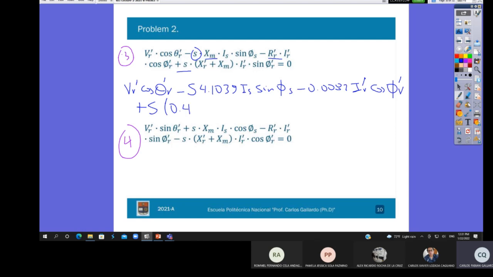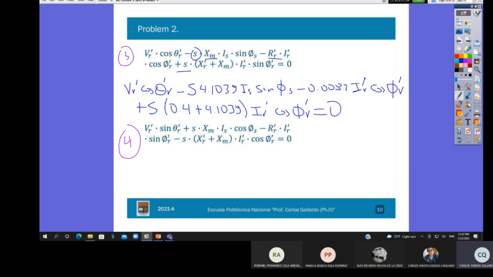According to the manufacturer the rotor reactance is 0.4, plus the magnetizing inductance 4.1039, times the rotor current cosine, and this is equal to 0.